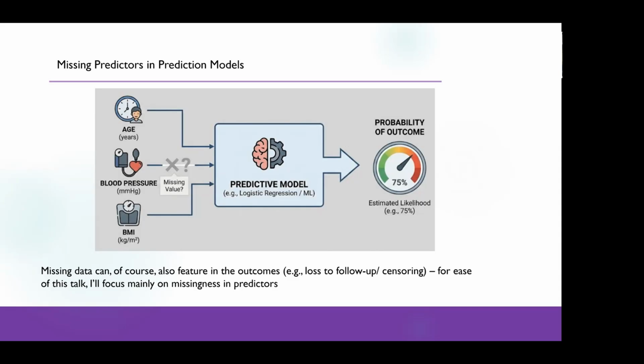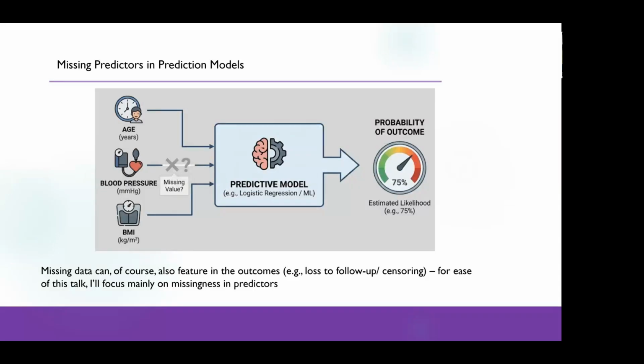I'm agnostic to the type of model we might use to make that prediction, be that a regression model or a machine learning model. But for the context of missing data, what I specifically mean is that some individuals have unknown values for certain of those X terms, the predictor terms.